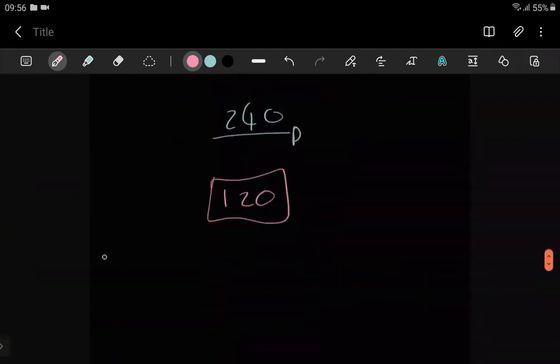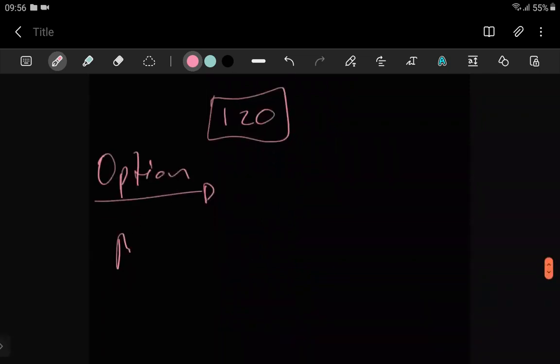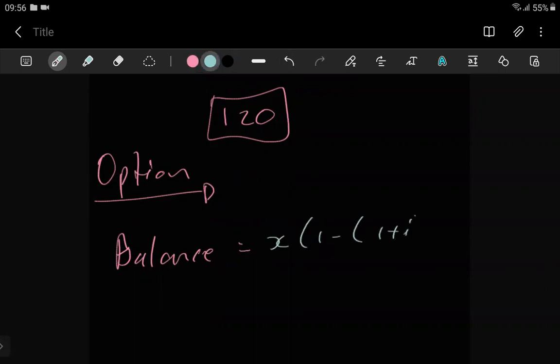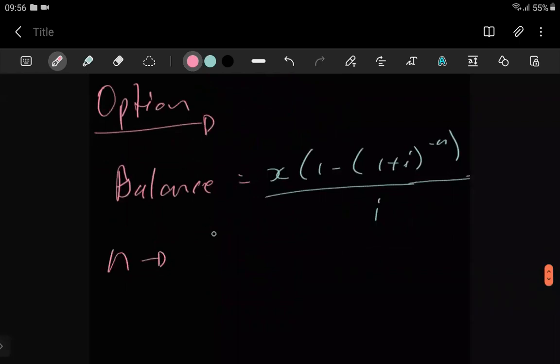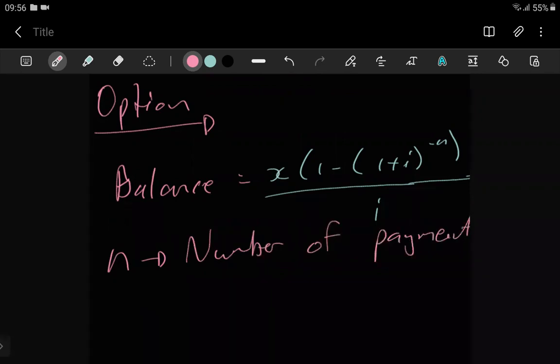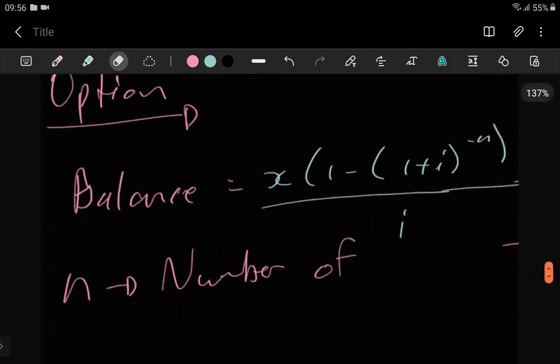Then all you use is this other option here, where your balance is technically the P formula times 1 minus (1 plus i) to the power of negative n. But obviously here n is the number of payments still to be made. Let me write this a bit better here.